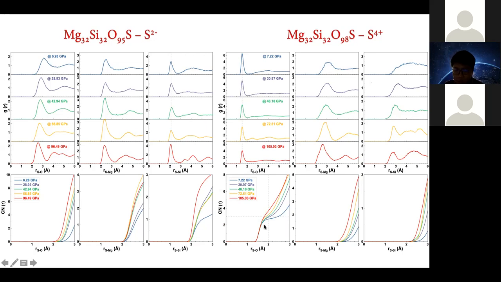The coordination number of the sulfur-oxygen pair is about 3 if the cutoff is 2 angstrom. So the sulfur atom is directly bonded to oxygen atoms as sulfate in this relatively oxidizing silicate melt.